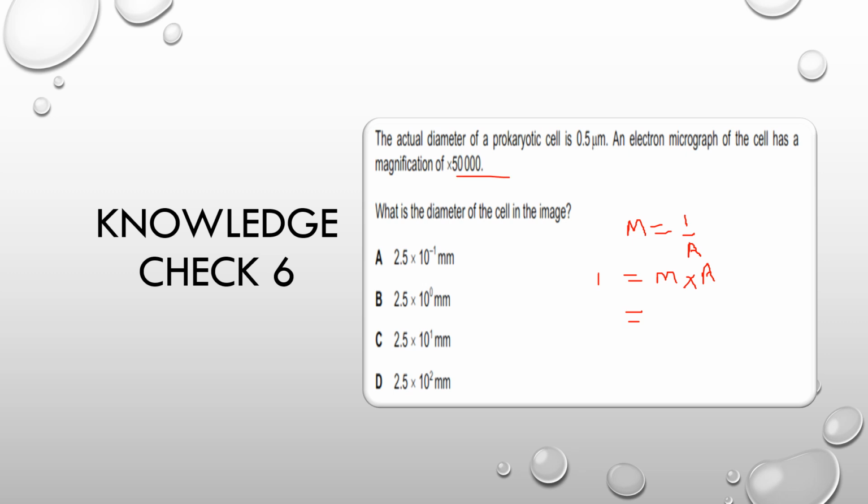So 50,000 times, yeah, multiply by 0.5. So 0.5 is like half of it, which is 25,000.